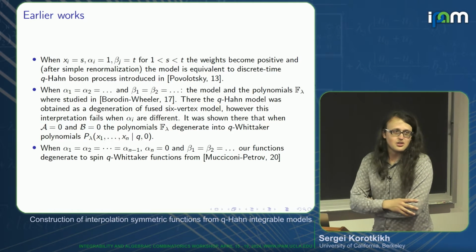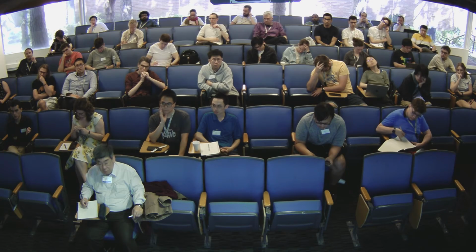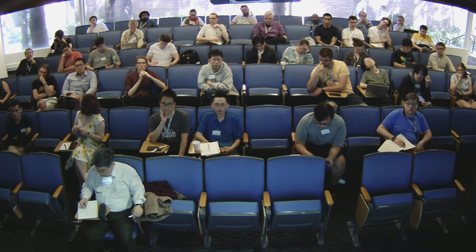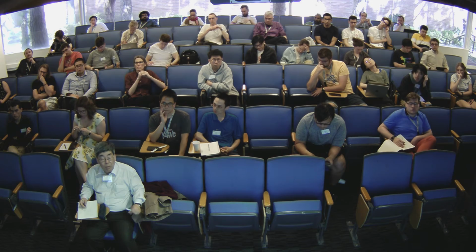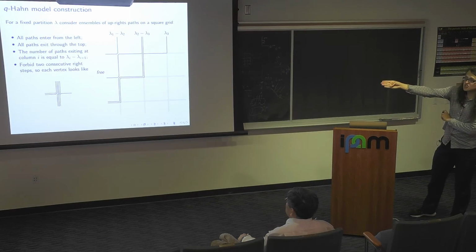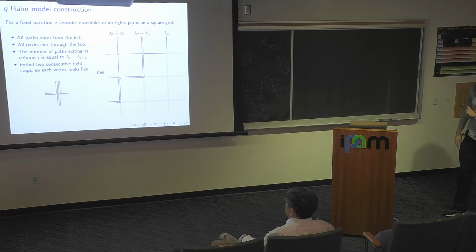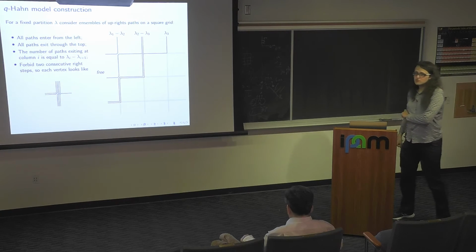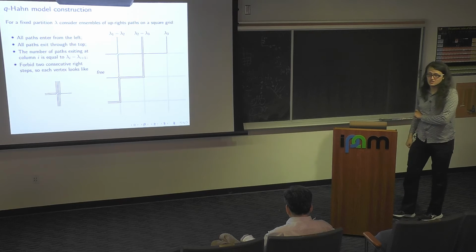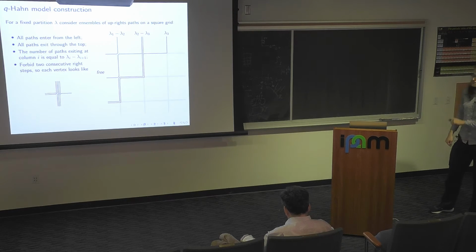In which direction will you have time? Let's go back to this picture. If you think about the vertical direction as time and the horizontal direction as some lattice on which my particles live, then each of these paths can be thought of as a trajectory of a particle on this one-dimensional lattice.